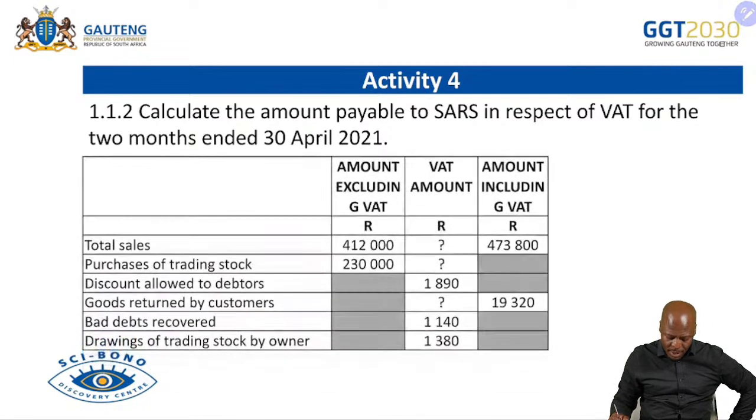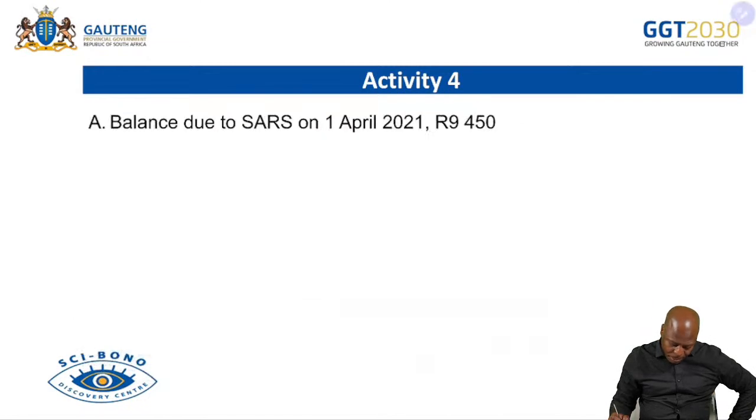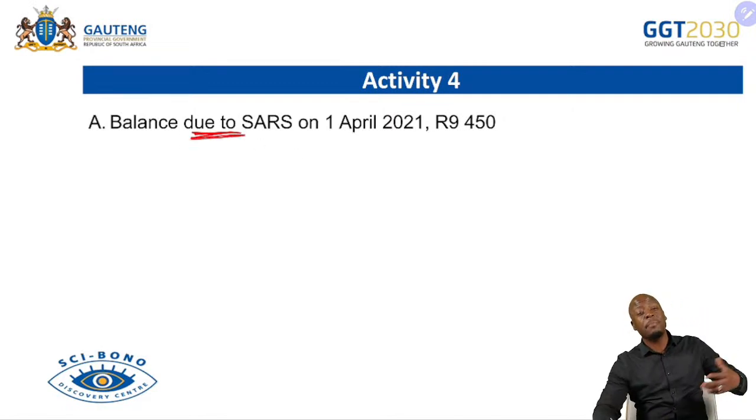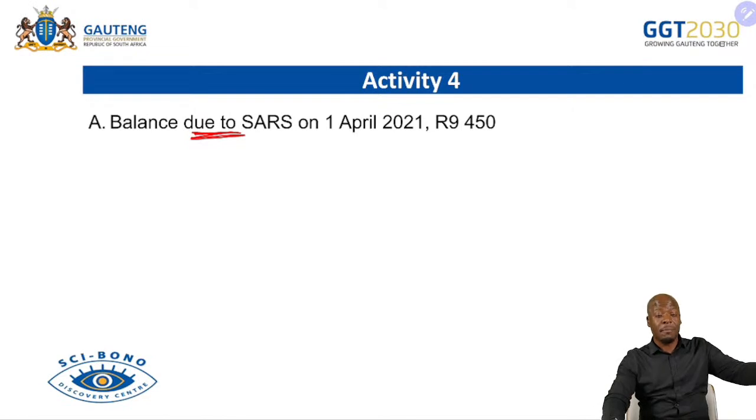Let's see what comes. There is my information. Let's start with the first one. The balance due to SARS on the 1st of April. Someone tell me, if it says balance due to SARS, does it mean that SARS is owing me or I'm owing SARS?